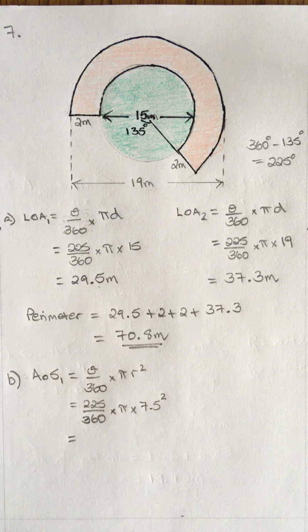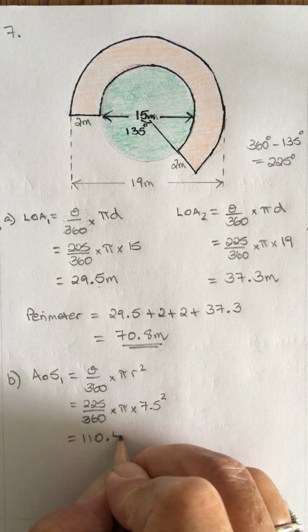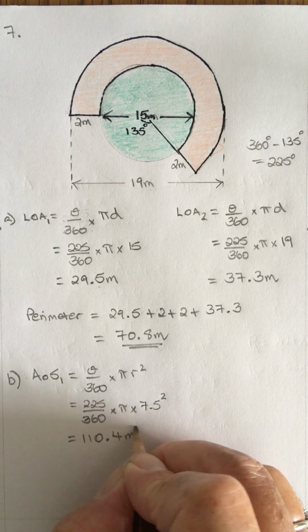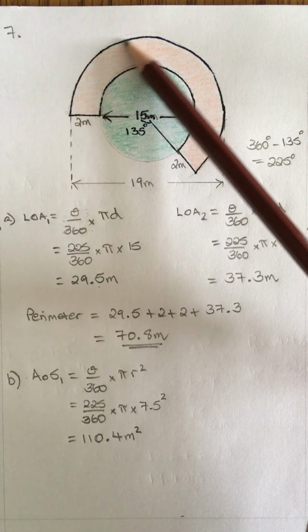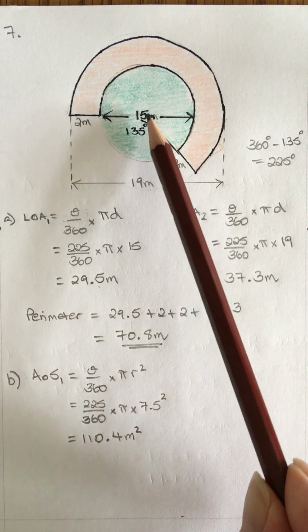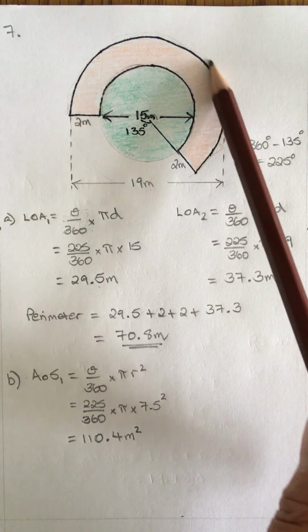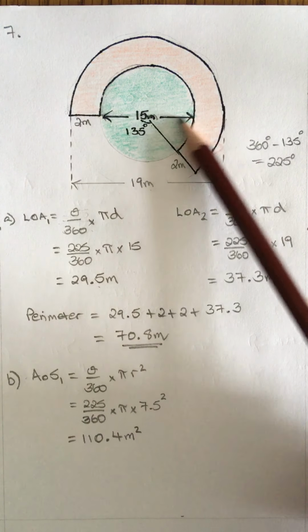If I put that in the calculator, 225 divided by 360 times pi times 7.5 squared, the answer is 110.4, and that is square metres. Now we're going to work out the area of the bigger circle sector. That includes the green bit when we work that out.